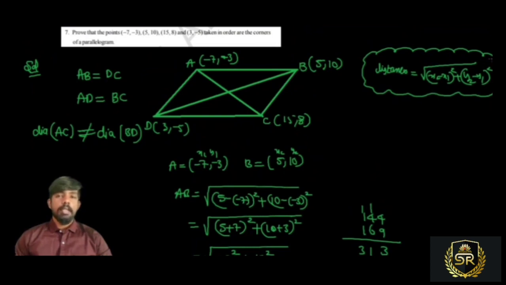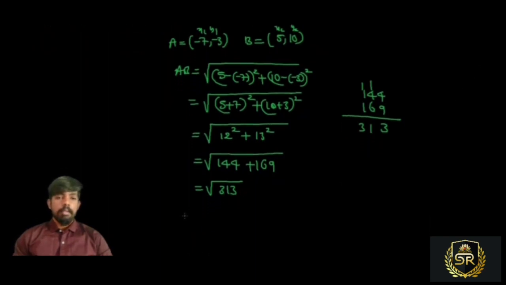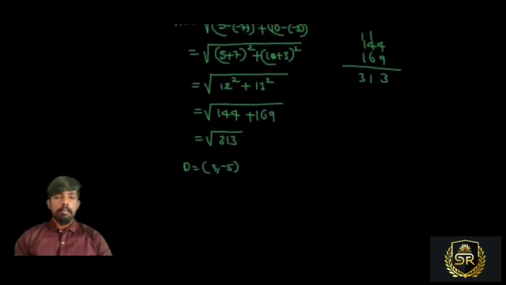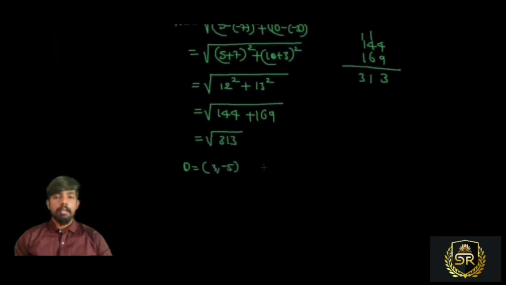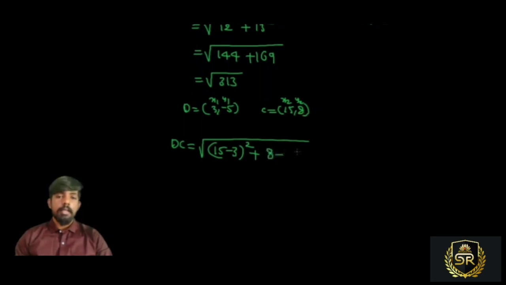Next, AB we found. DC we will check. D point is 3 comma minus 5, and C is 15 comma 8. So this is x1, y1, x2, y2. Find the DC distance: x2 minus x1 whole square, 15 minus 3 whole square, plus y2 minus y1 whole square, 8 minus of minus 5 whole square.